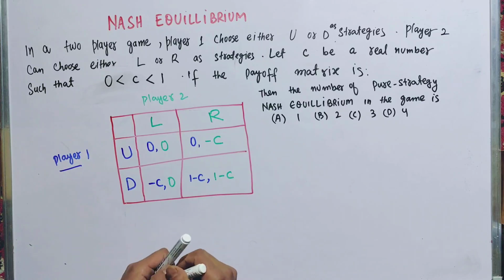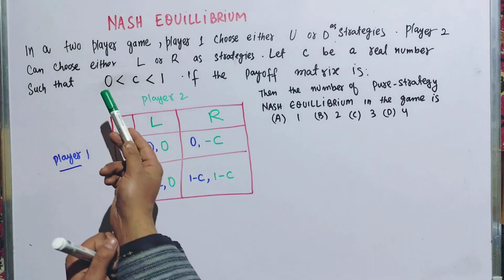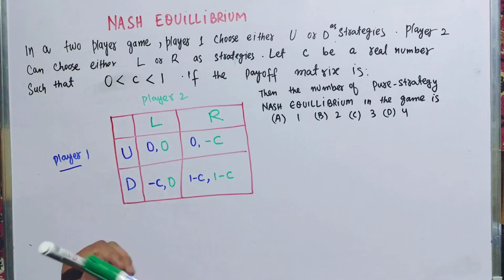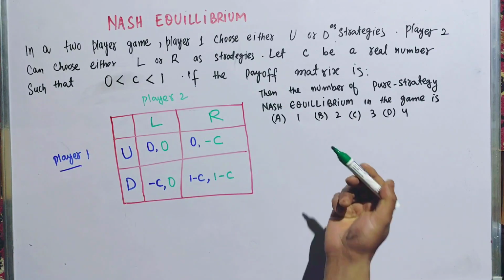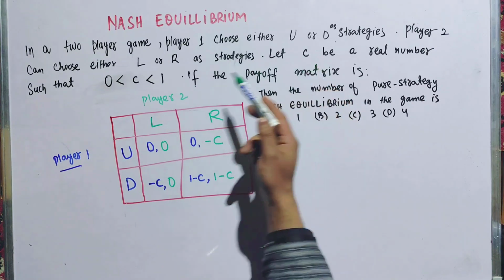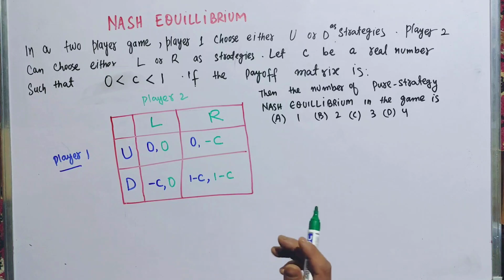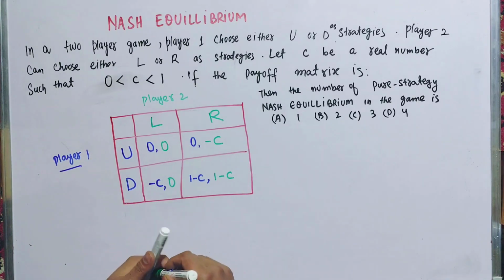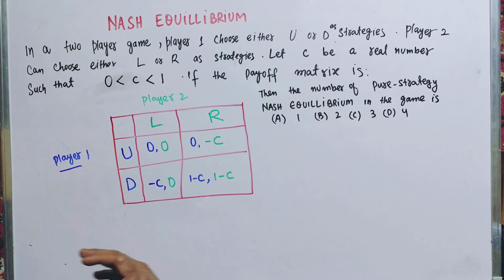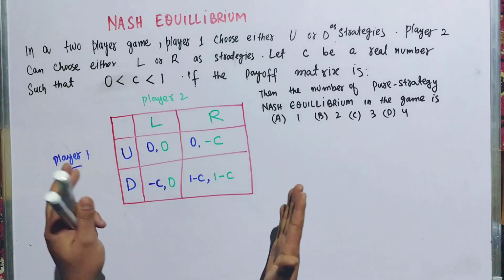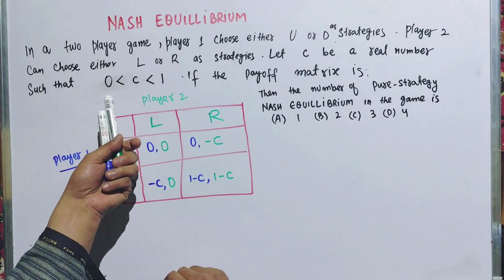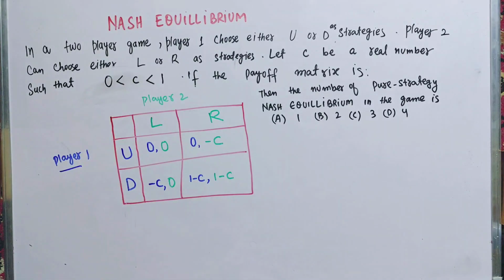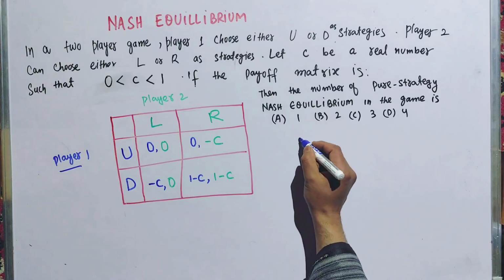Also we are told that we have a real number C, and it lies between 0 and 1, and we need to find out the Nash equilibrium in this question. Now we can take any value of C which is greater than 0 but less than 1. Let us rewrite this here.